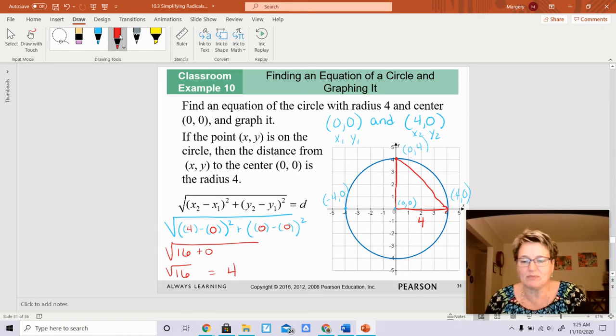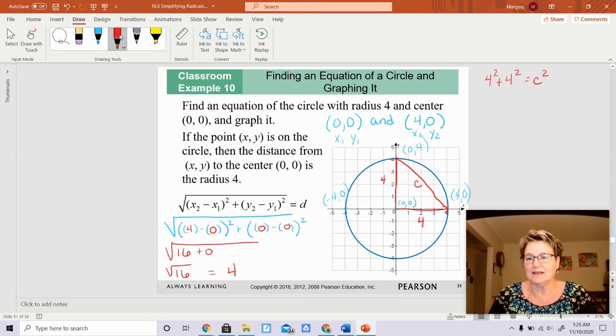I'm going further on this problem, and I know this would be 4. Let's say we want to find out what this length is right here. You would go 4 squared plus 4 squared equals c squared. So you'd have 16 plus 16 equals c squared. I added more to this problem, because, yeah, that's all I wanted to know.